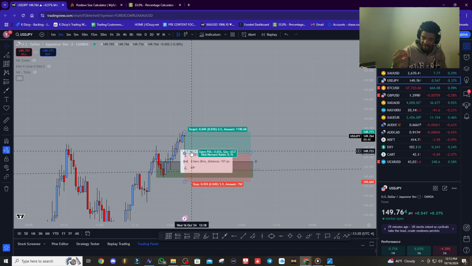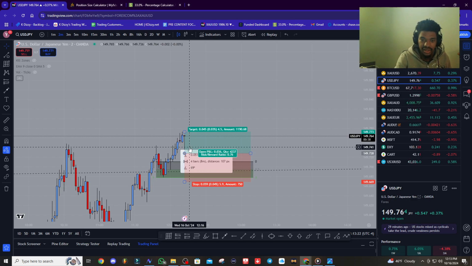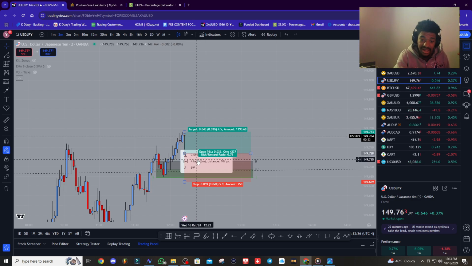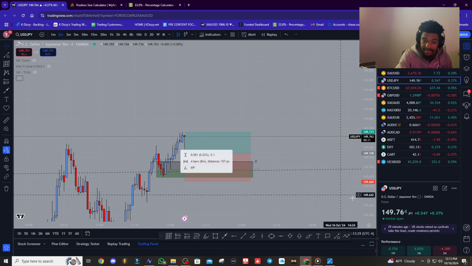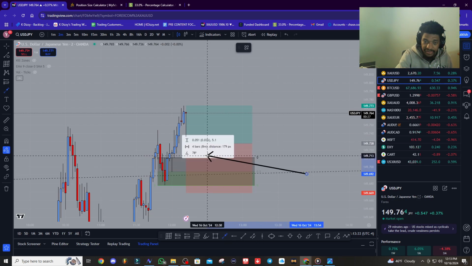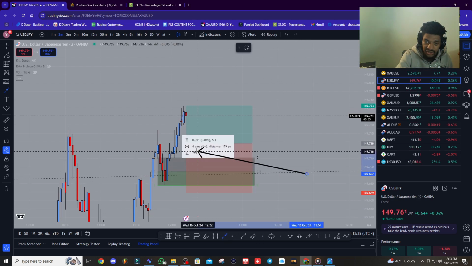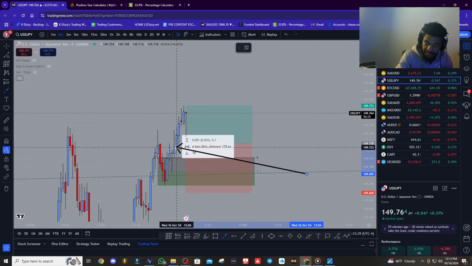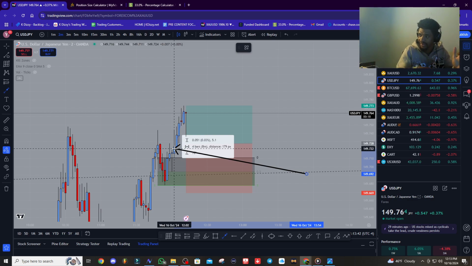So like I said, $1,000. Say I put $1,000 on the line for the trade. That's $760 around that, and it took 8 minutes. As you can see, the tool is called an info line, and it basically shows you how many candlesticks or how many bars is the duration of start to finish that you put.